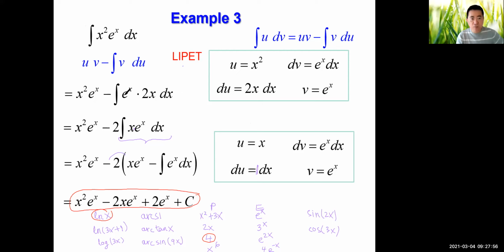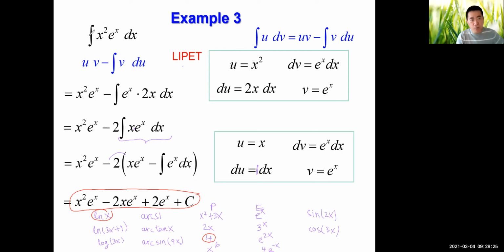This one has a degree, because for the polynomial, when you take the derivative, x squared becomes 2x. So the power goes down once from x squared to x, but you still have a product, and that's why you use parts again. When you differentiate x it becomes 1, then there's no more x, and with only one function you can integrate.